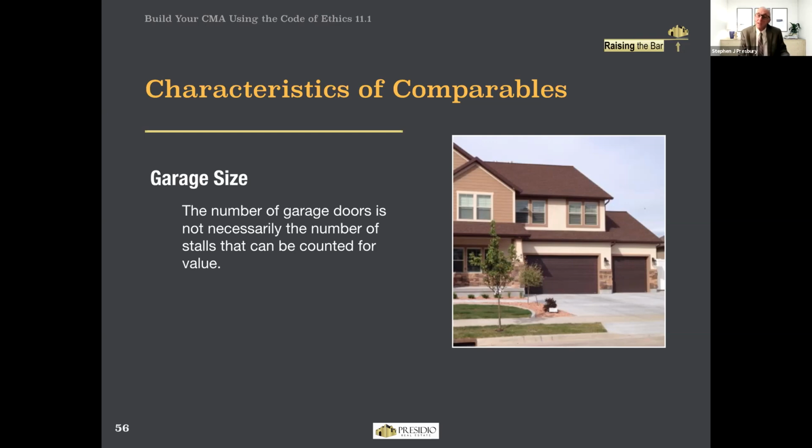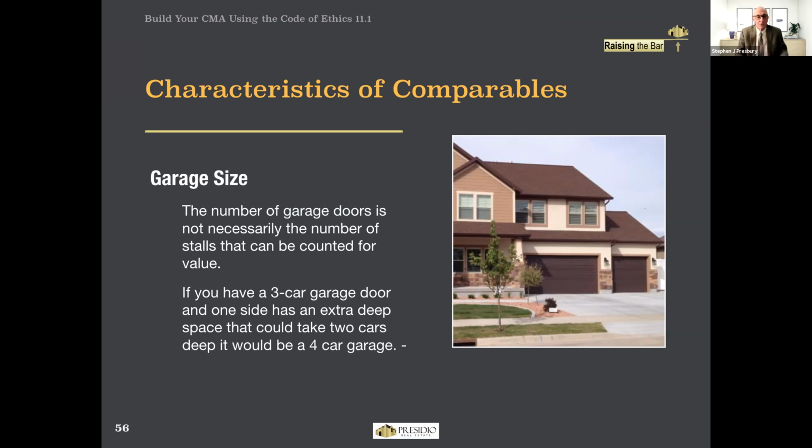You may get 2 cars in there, one behind the other. So that becomes a 4-car garage rather than 3 cars. So just be aware how many cars you can fit in there. That's the key. If you have a 3-car garage door and one side has an extra deep space, and you could take 2 cars, make it a 4-car garage. So just be careful on that one.